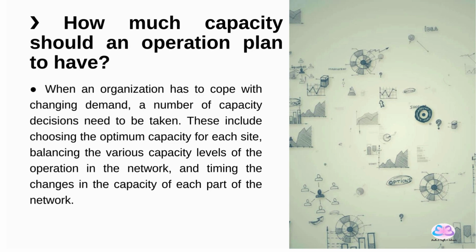When an organization has to cope with changing demand, a number of capacity decisions need to be taken. These include choosing the optimum capacity for each site, balancing the various capacity levels of the operation in the network, and timing the changes in the capacity of each part of the network.